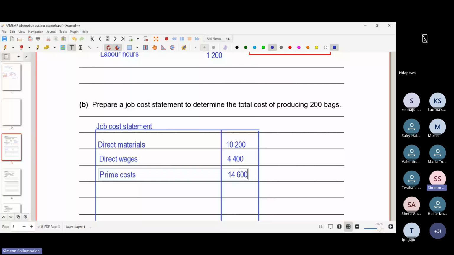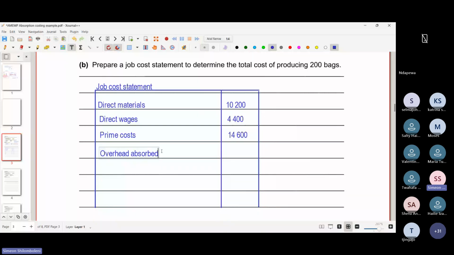If you make the story end here, then it means you are not going to cover your fixed costs. This is now where you will come and say, overhead absorbed. How are we going to absorb our overheads? We are going to say this job of 200 bags is going to cost us 80 hours.